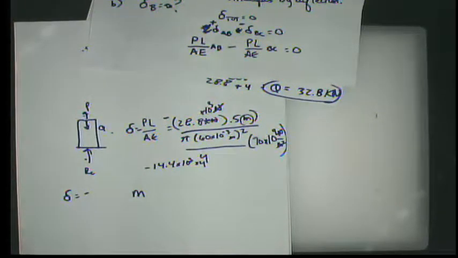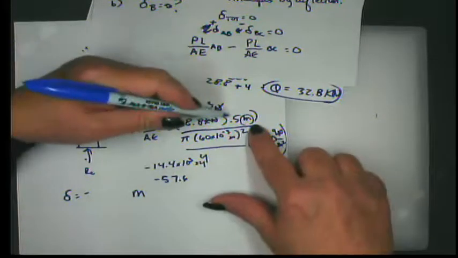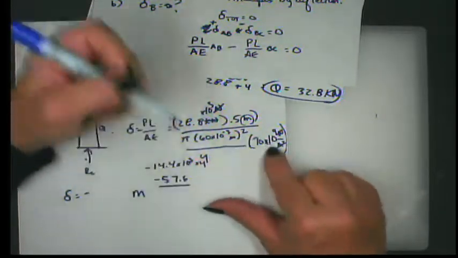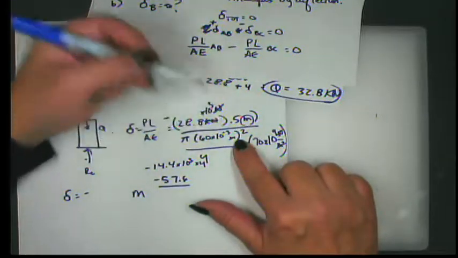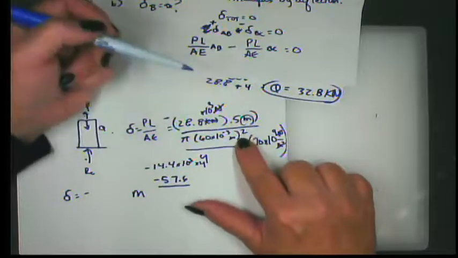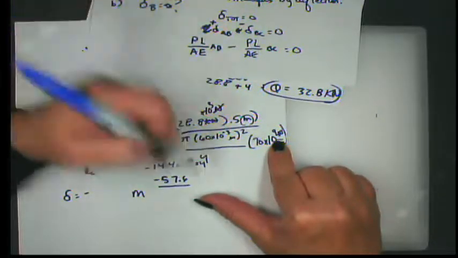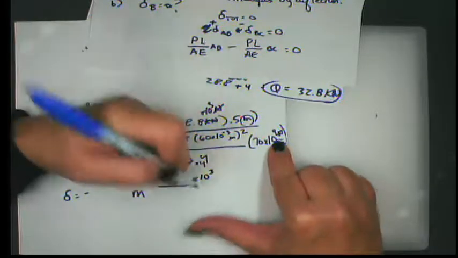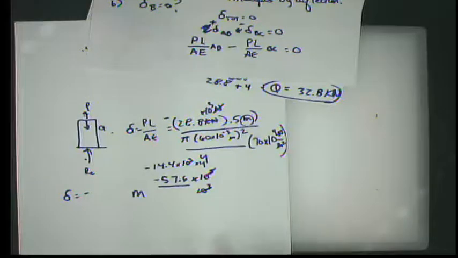So that'd be negative 57.6 on the top, and then divide it by, if we do 10 to the third, negative third squared, that would be 10 to the negative 6. Multiply that by 10 to the ninth, we get 10 to the third on the bottom. So the powers of 10 go away, which is kind of nice.